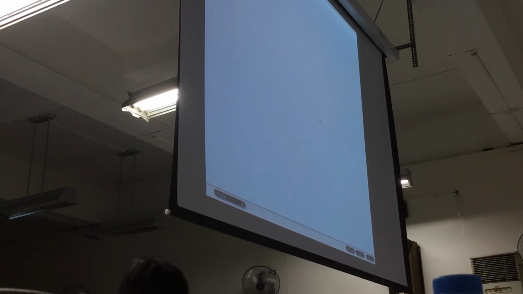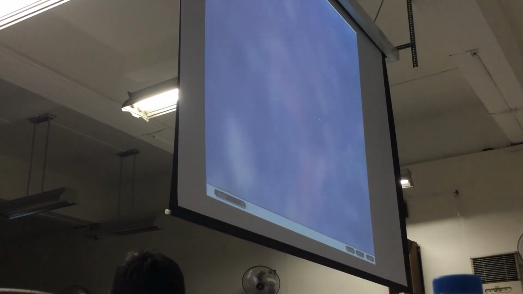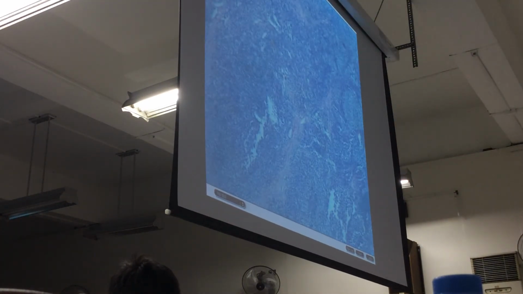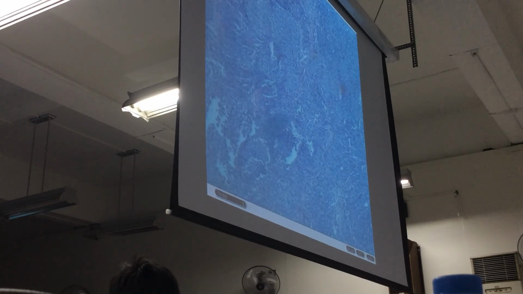Let's go back to the ovary. This may be asked in both the male genital tract and the female genital tract. It has the same histology.